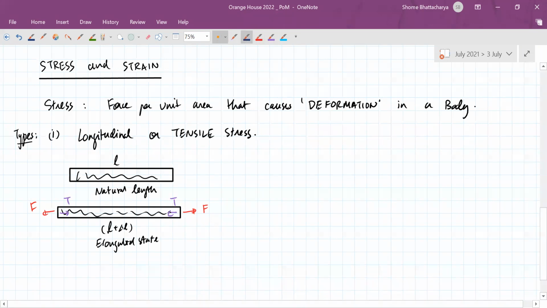And if it has a cross-sectional area A, then the longitudinal stress is defined as tension per unit cross-sectional area.